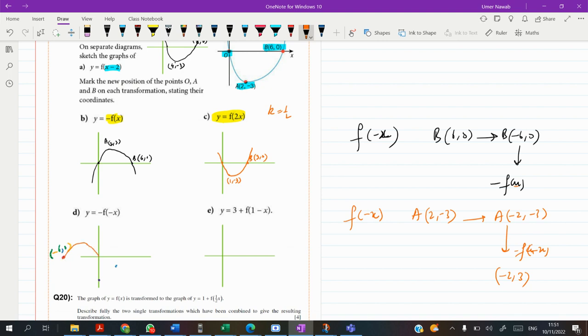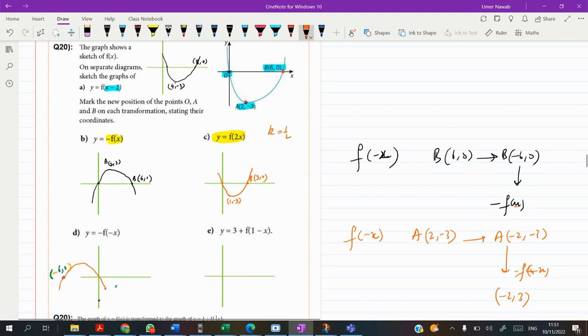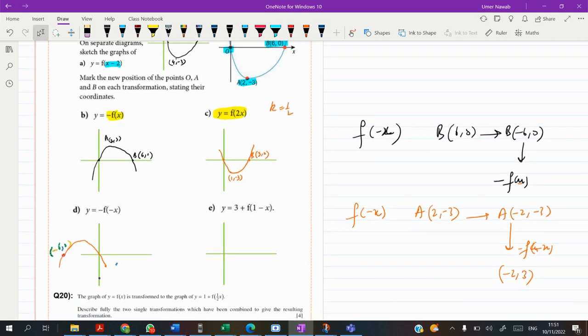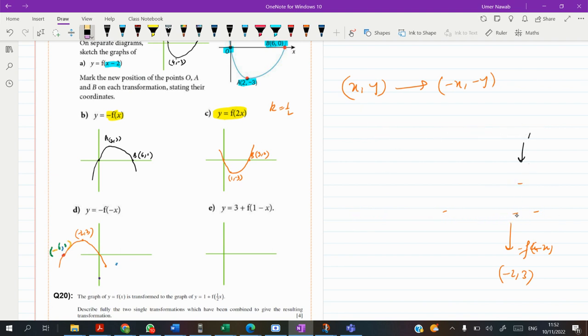So the graph comes to you like this. It is reflected about the origin. Okay. So this point is given, and I have shown this point minus 2, 3. And this transformation was x, y changes to minus x, minus y, not minus y, minus x. I think now it is free of errors.